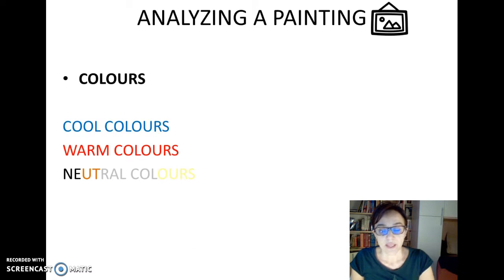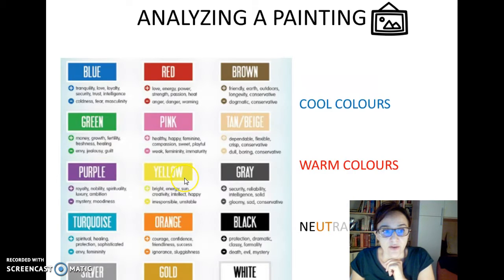Okay, then you have to talk about colors. The colors the painter makes use of can be mainly cool colors, or warm colors, or even neutral colors. Let's have a look at the cool colors.